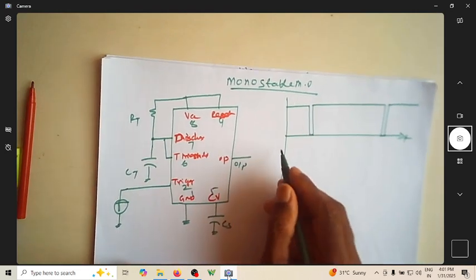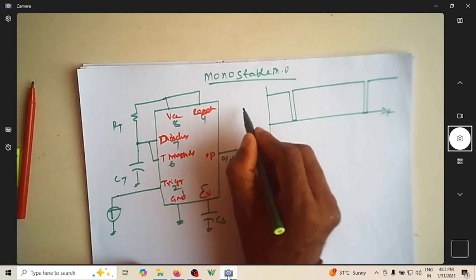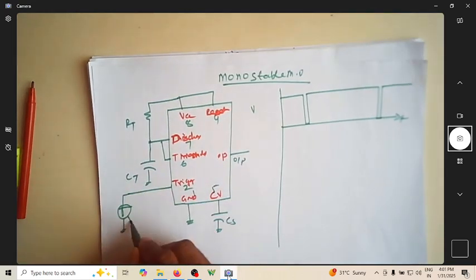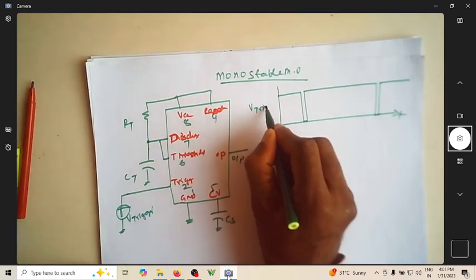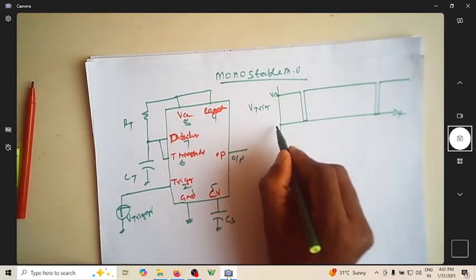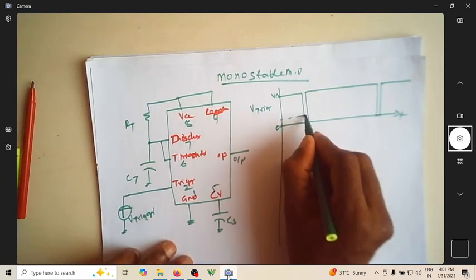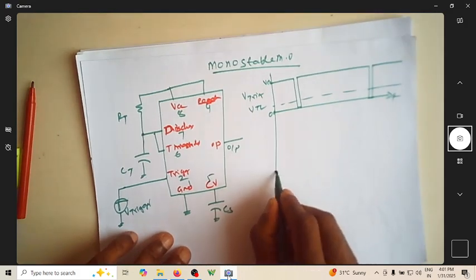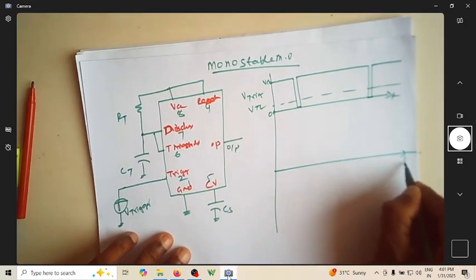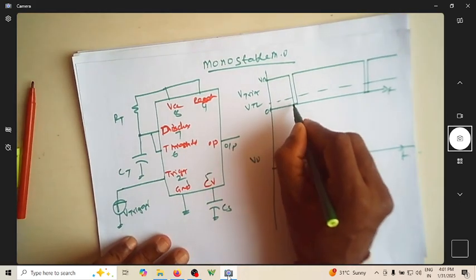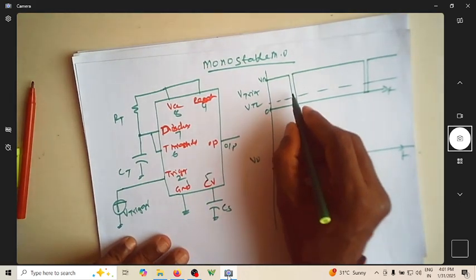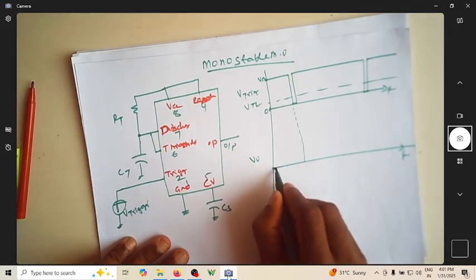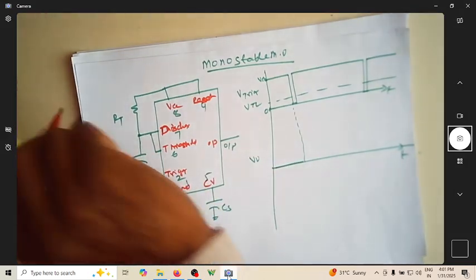This is V trigger. We have a level called VTL. This is my time, V0. As long as your trigger is high, the output is in the state of 0.